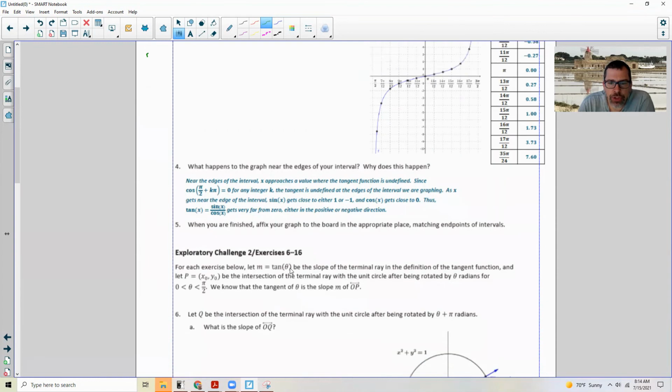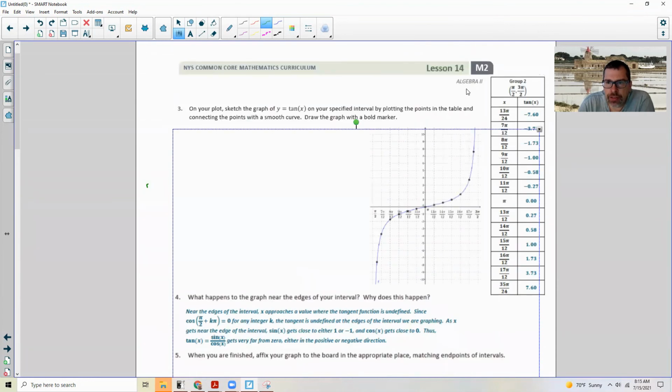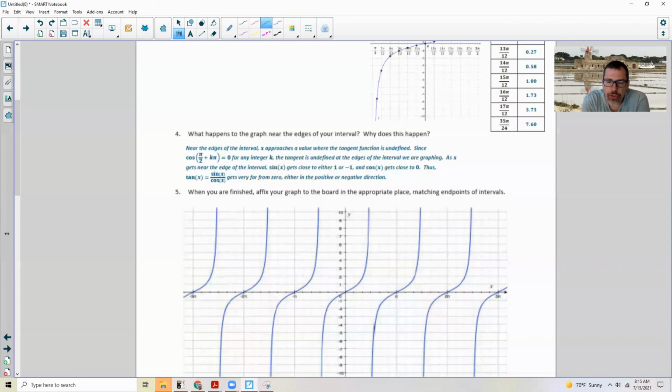All right, so what you should have seen would be, and let me bring it in. Okay, so if everybody did everything correctly and got the right values and graphed it correctly, the graph that I'm showing you up here was from pi over 2, which is here. So the one that I showed you was group 3, I believe.